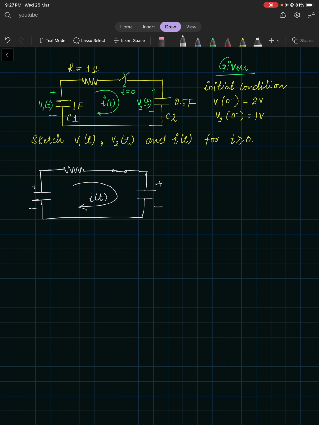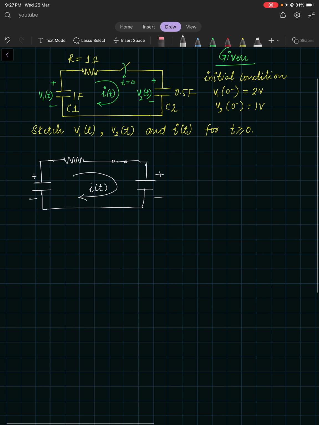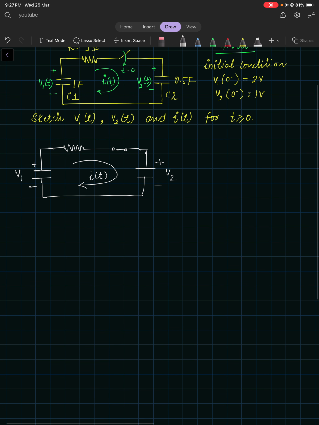This terminal polarity is already given in the question, V1 and V2, so we will not change the polarity. We will keep the polarity the same as it was given in the question. Okay, this is V1 and this is V2, this is R, this is C1 and this is C2, right?